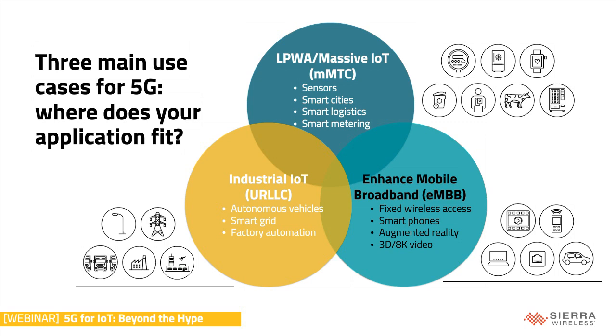And then lastly, we have Industrial IoT, or URLLC. And this is kind of a new market for cellular, something that hasn't really been addressed up to this point, and where we'll start seeing things like smart cities 2.0, smart factories, automotive applications like V2X, and so forth.